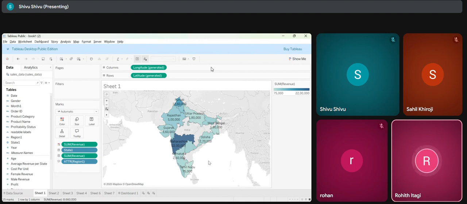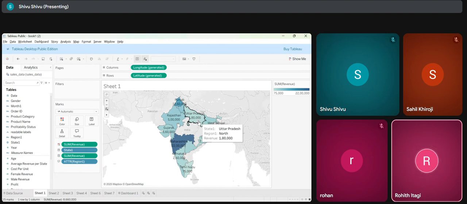For example, Maharashtra is a top performer with 22 lakhs in revenue, shown in the darker blue, and in contrast, Uttar Pradesh is at 1,80,000. This map is great for giving a high level view of which regions are strongest among Indian markets.